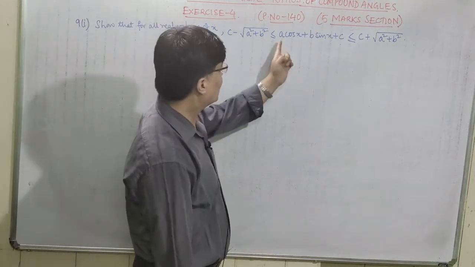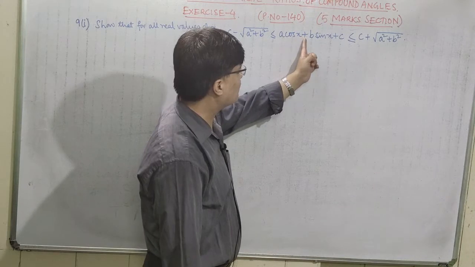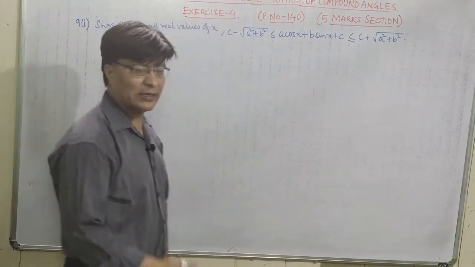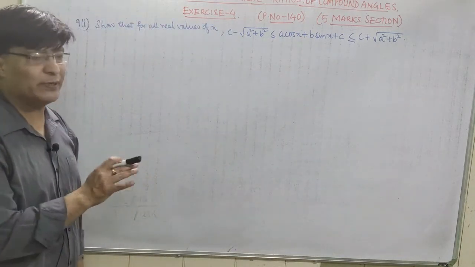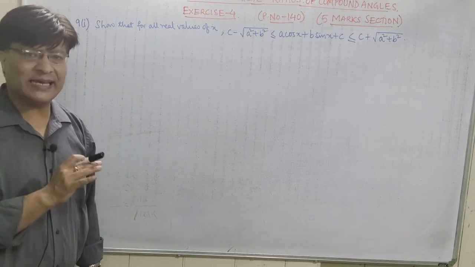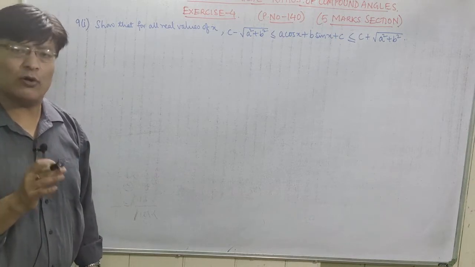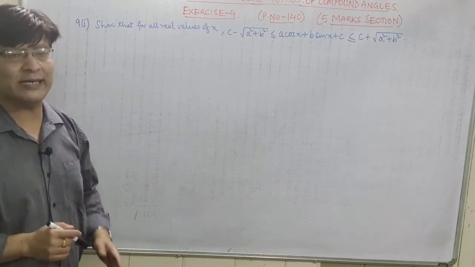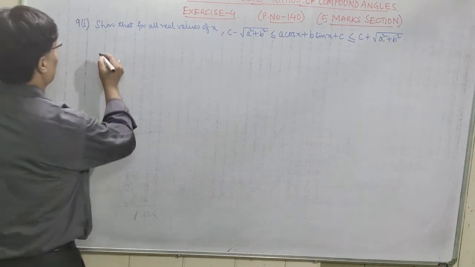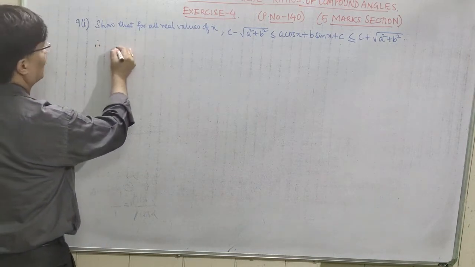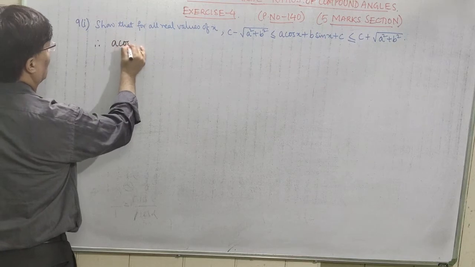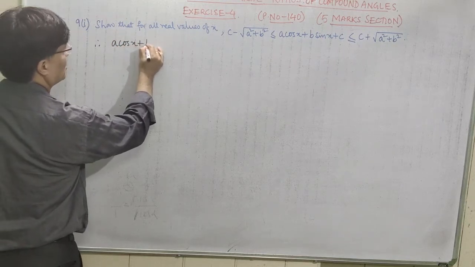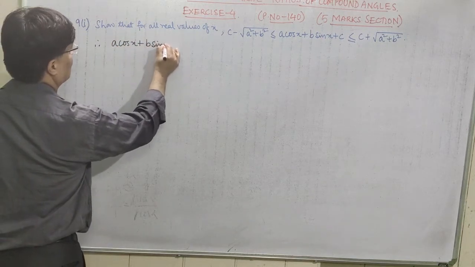Okay. So let us convert this a cos x plus b sin x in the form of sin a cos b plus cos a sin b, or it may be cos a cos b plus sin a sin b. So now let us write down that expression a cos x plus b sin x.